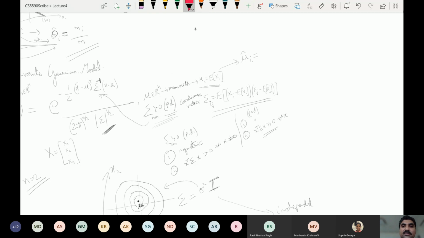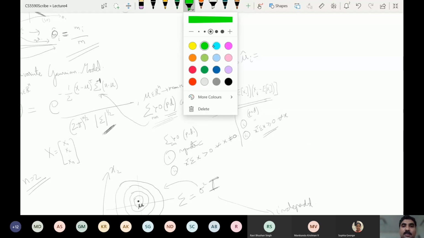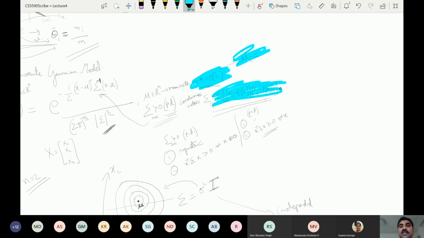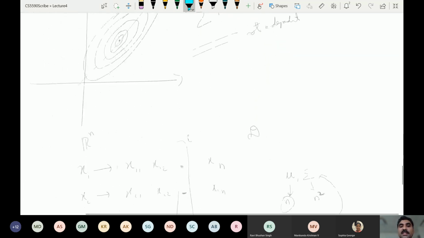The definitions are lying here, right? So what is mu i? It is the expectation of xi. That's why she gave the formula of the average. Now for sigma ij, what should you do? You should take the average of these quantities. That's all, right? So who will tell me the answer in terms of the data?